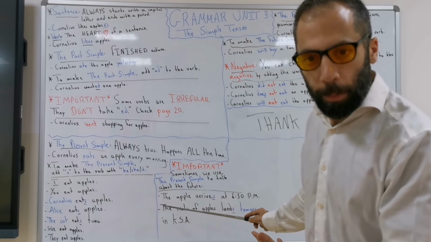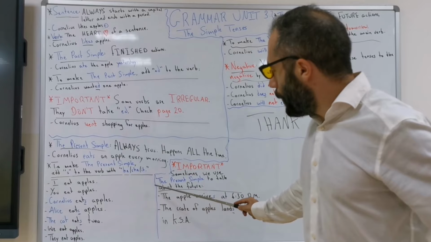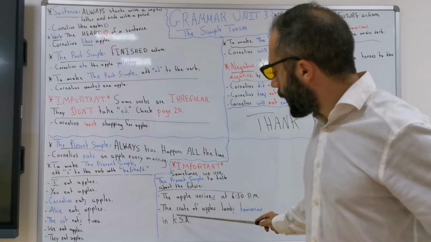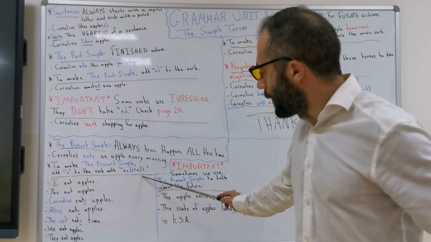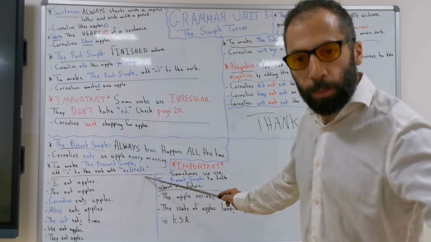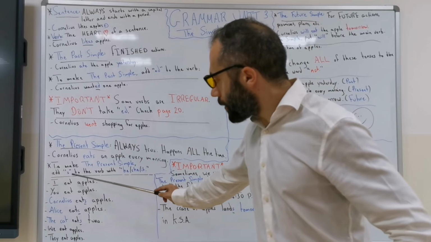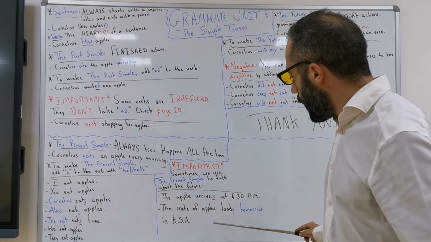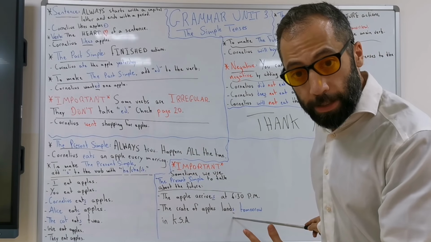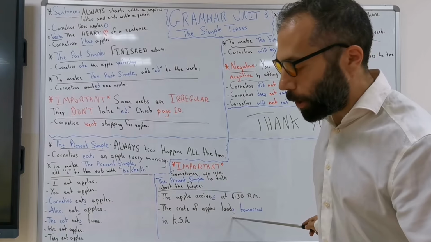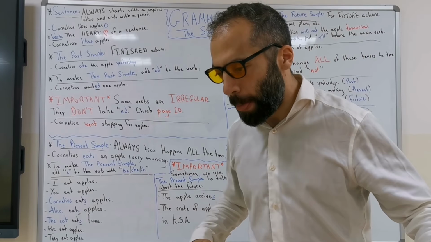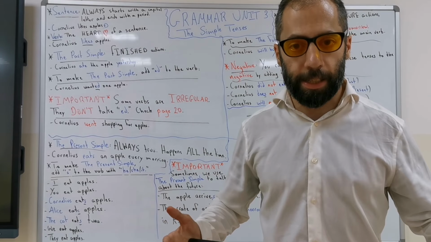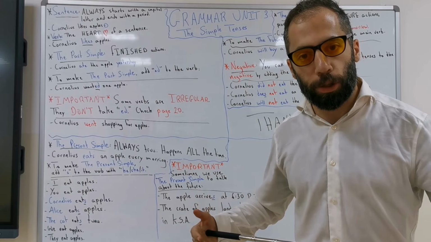The box is not a human being. So I can replace crate with it. And what do I add with it? Which letter? S, right? That's why I said it lands with an S. So the crate lands tomorrow. This is an example of me using the present simple to talk about a future event.